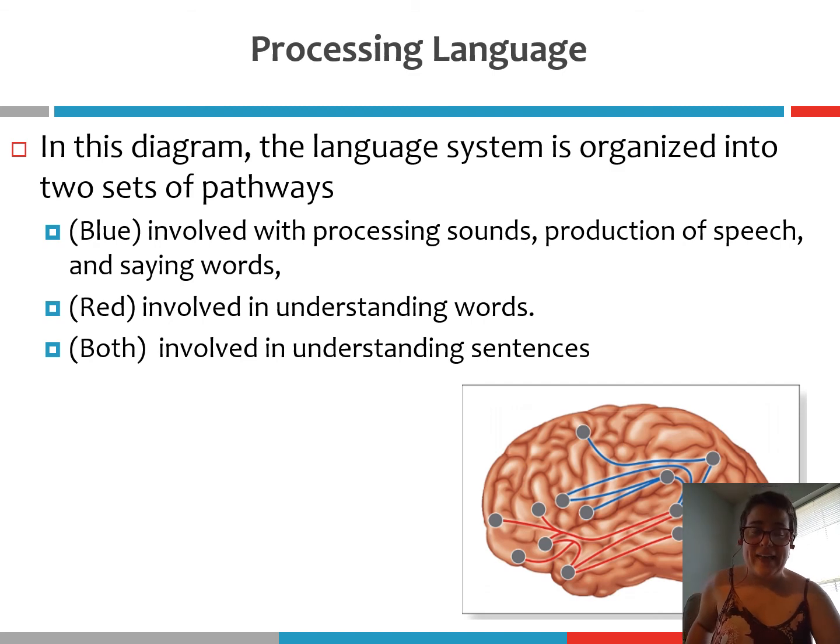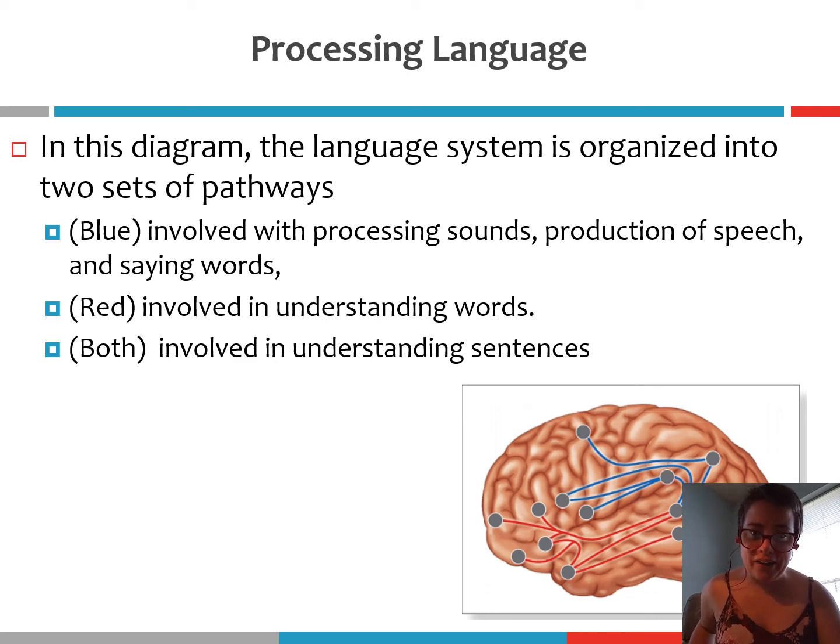Relatedly, it seems that language is actually processed in numerous regions of the brain, and they're all activated simultaneously. So we've actually seen different pathways that become activated depending on what aspects of language you are paying attention to. Right? So for example, that pathway in blue is activated whenever you process phonetic information, so information related to sound or production of speech, okay?